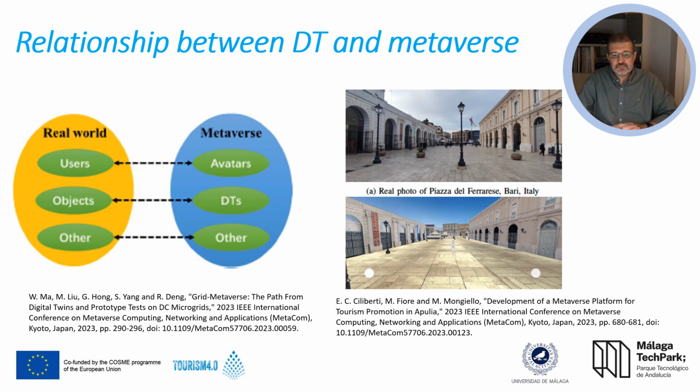For this aim, there are works that use the metaverse for tourist promotion. On the right of these slides is the development of a metaverse platform for tourist promotion in Apulia, in Italy, and in the photograph you see the real place, Piazza of Ferrace, and the digital model.